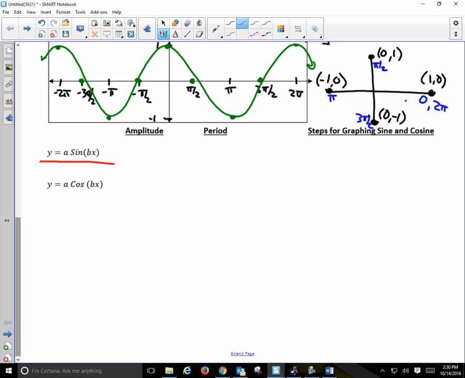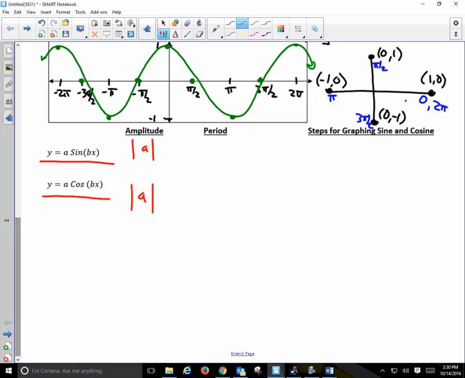When you see an equation of the form y equals a sine of bx, the amplitude is the absolute value of a. Whatever the absolute value of a is, that's what the amplitude is. If it's cosine, the amplitude is still the absolute value of a.